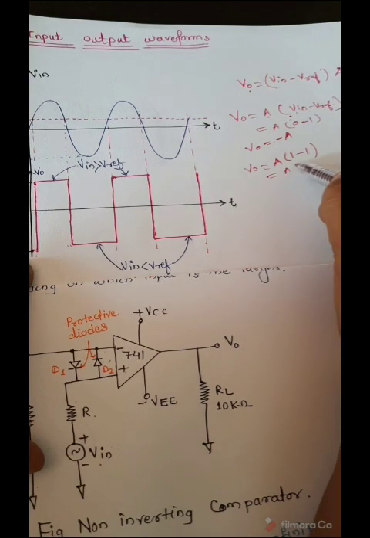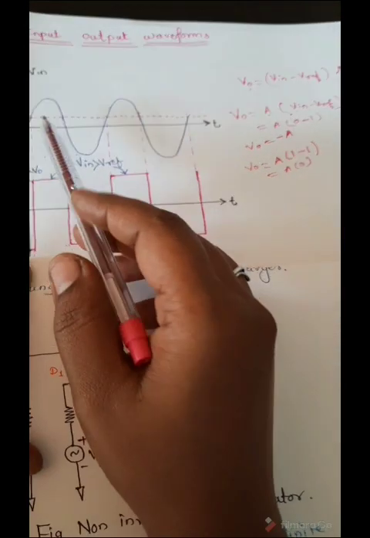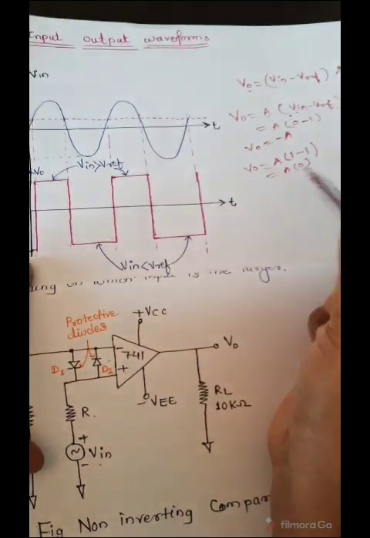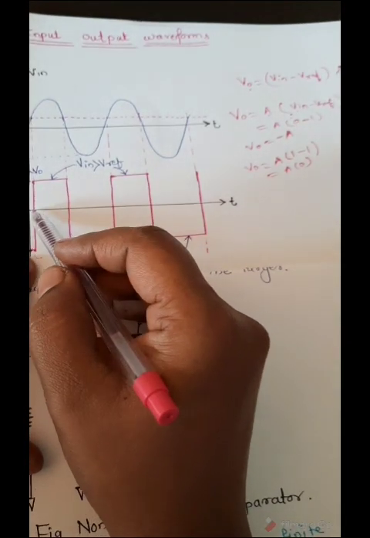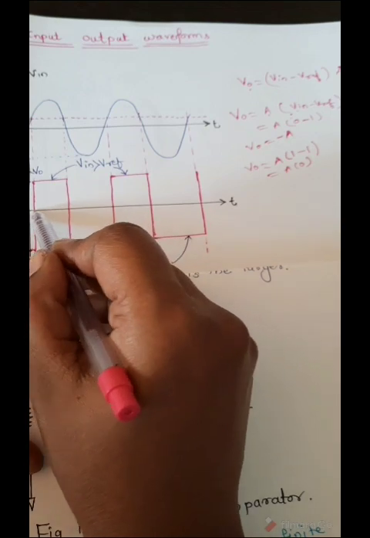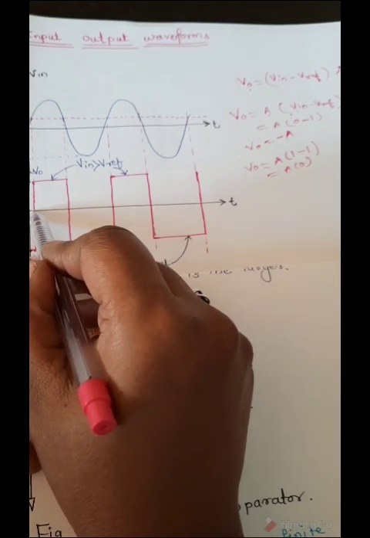This gives A times 0. So at this point the output voltage is 0, switching from negative saturation to 0. Now the output of the op amp is 0 volts.